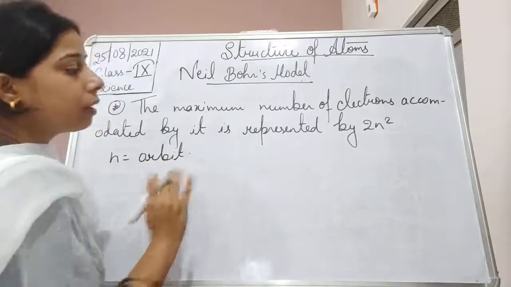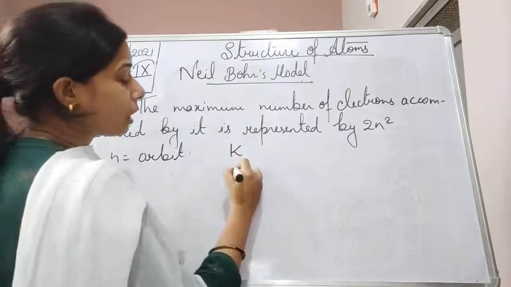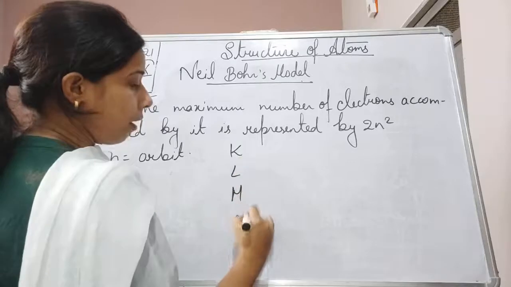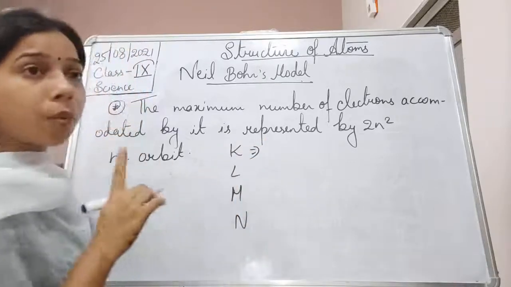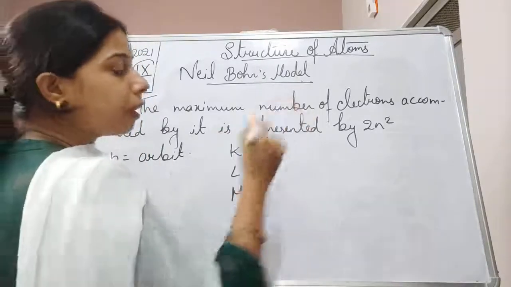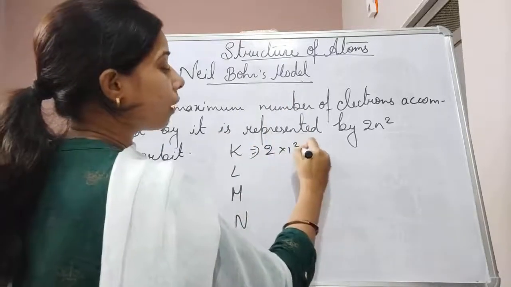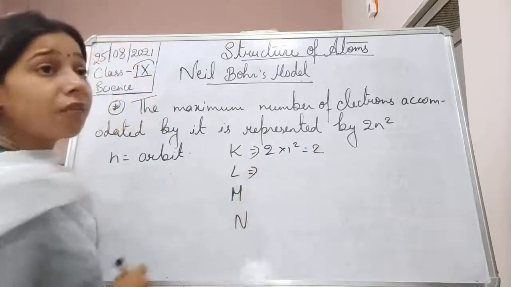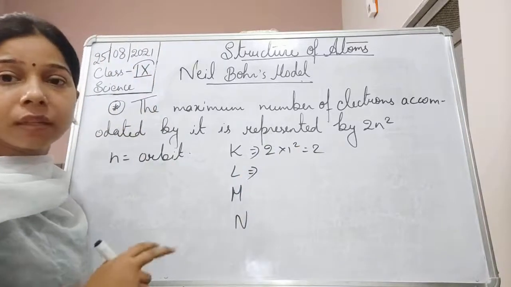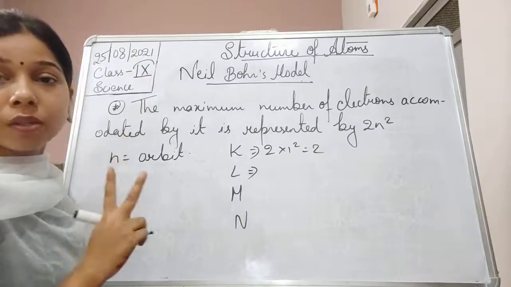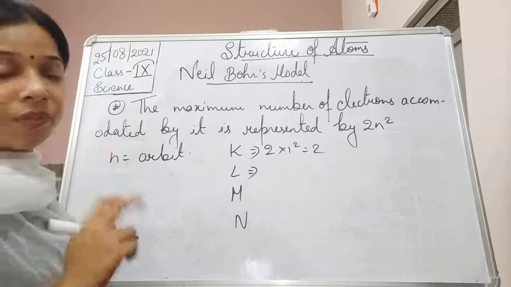And for the students, we have shown that if it is K, L, M, N, so K is the number one orbit. So how many electrons will be accommodated by it? It will be equal to 2 into 1 square, that is equal to 2. While in case of the L shell, what is that orbit number? That is 2.